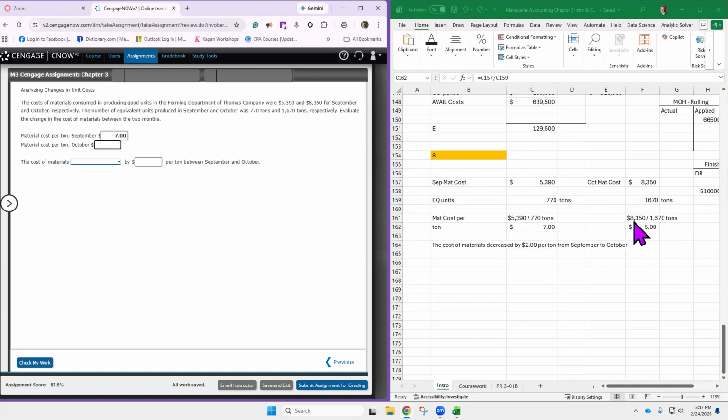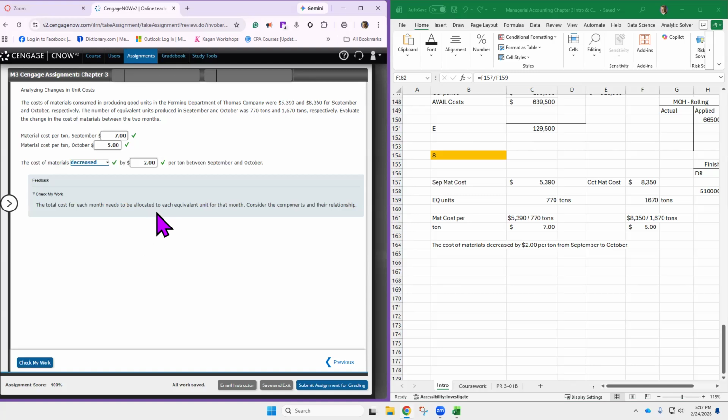So when we have $8,350 in material costs divided by 1,670 tons, materials cost in October went down to $5 per ton. So the cost of the materials decreased by $2 a ton between September and October. Now I know that that one wasn't very difficult, and that's okay. Not everything has to be real difficult.